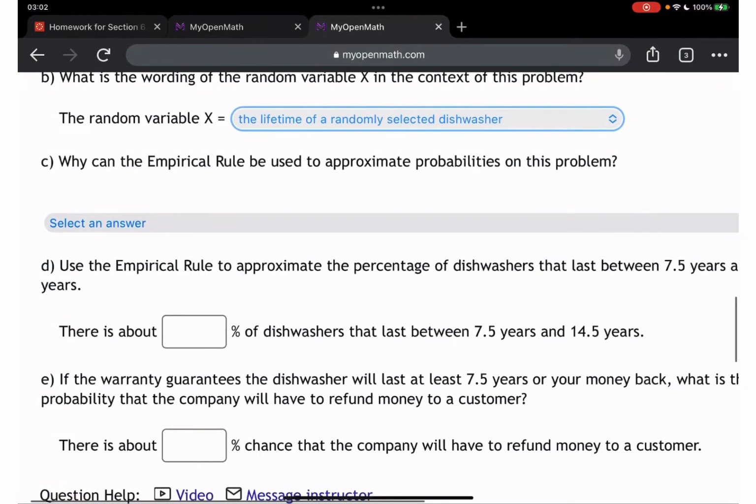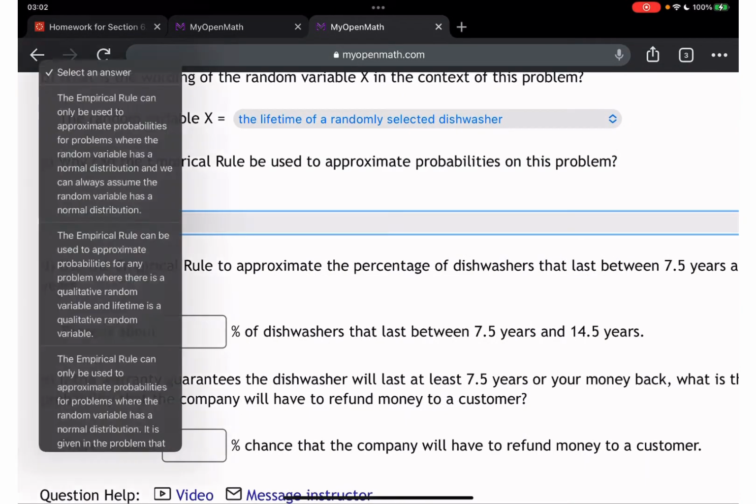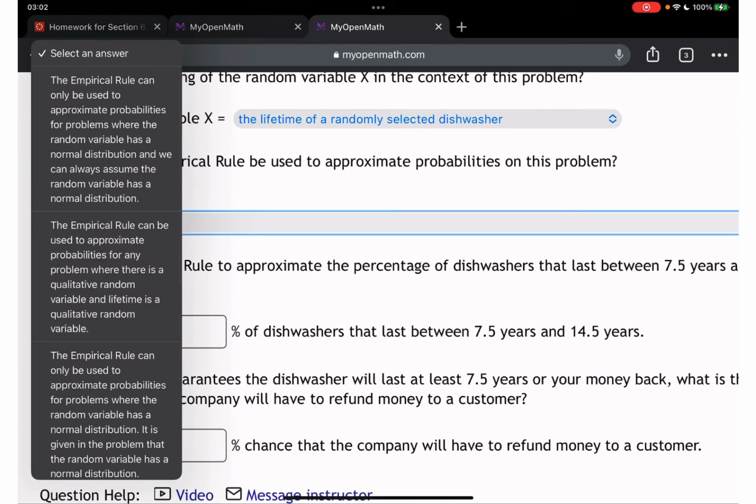Can the empirical rule be used to approximate probabilities in the problem? Okay, the empirical rule can only be used, let me see, which one? Used to approximate probabilities for problems where the random variable has a normal distribution.